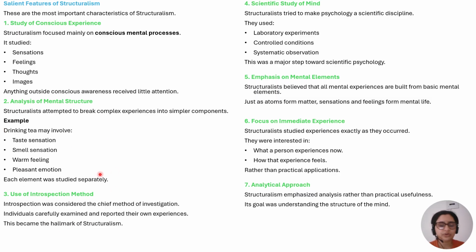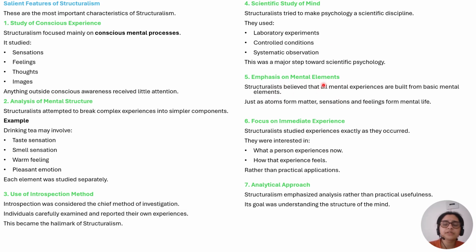Then usage of introspection method, that is thinking inwards. Then scientific study of the mind. Just like chemistry uses scientific methods, structuralists also studied the mind in a scientific way. They used various kinds of laboratory experiments, controlled conditions, and systematic observation.